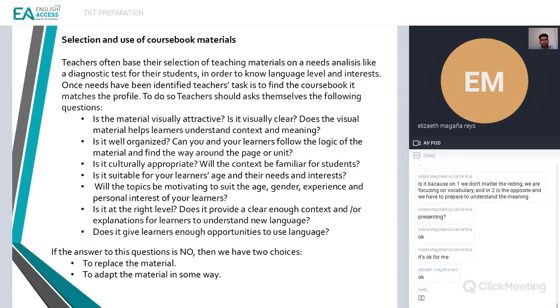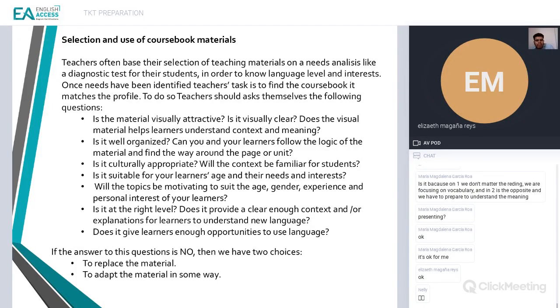Is the material visually attractive? Is it visually clear? Does the visual material help learners understand context and meaning? Is it well organized? Can you and your learners follow the logic of the material and find the way around the page or unit? Is it culturally appropriate?